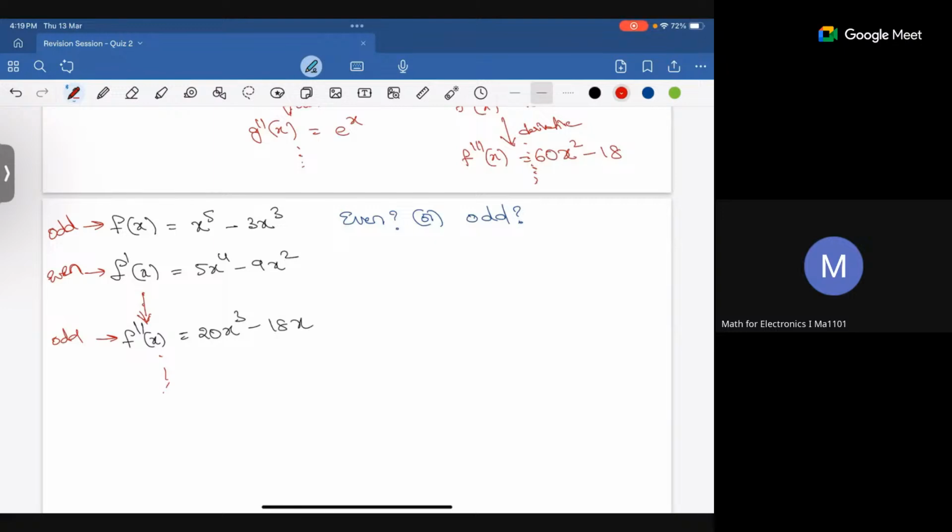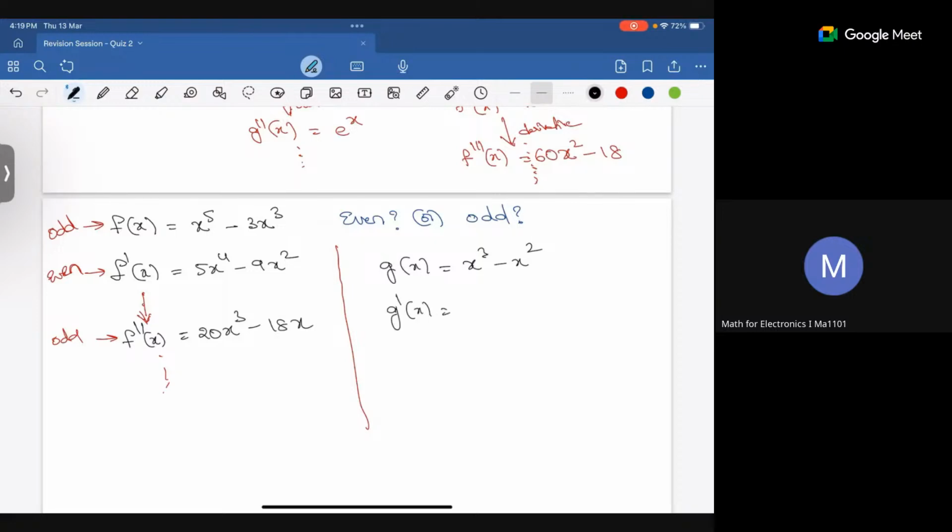What if I take a function that is neither odd nor even? What will happen to it? Let's say g(x), I have taken it as x³ minus x². So x³ minus x² is neither even nor odd, right? It won't satisfy any of the conditions.